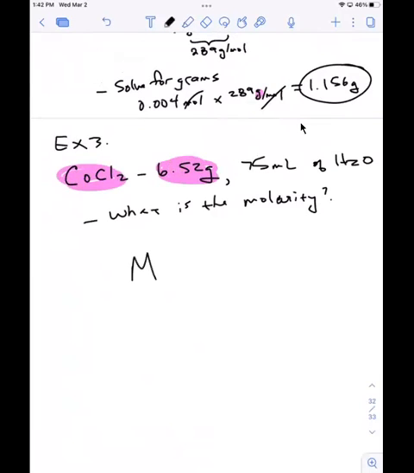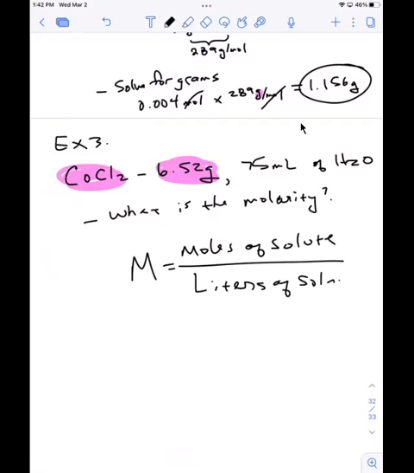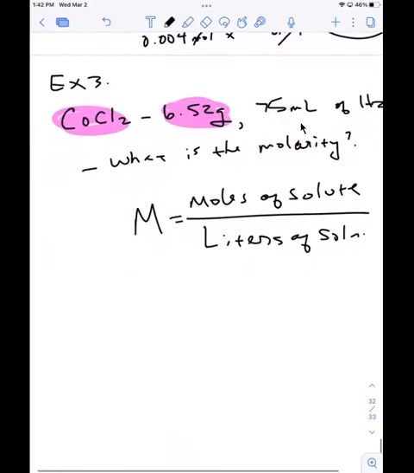Remember, molarity is moles of solute over liters of solution, right? So how are we going to get moles from what we have? Can we do the same thing we just did? I think so, yes. We have the chemical formula. We have the number of grams.